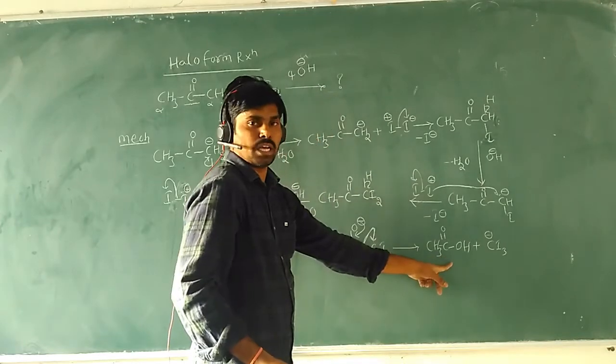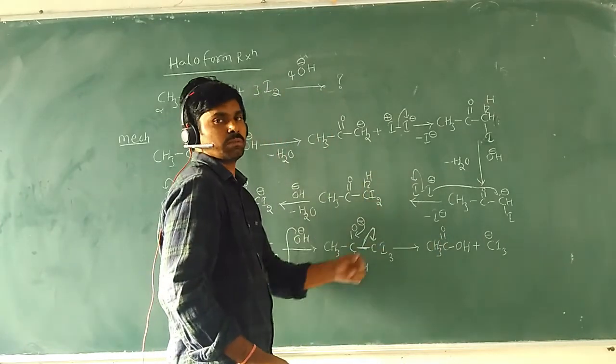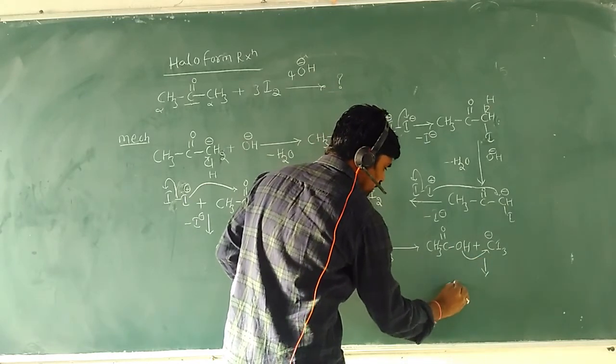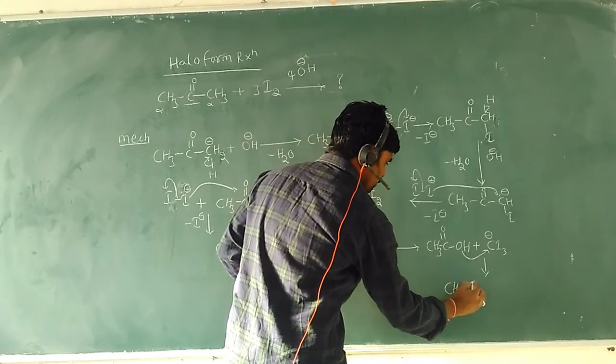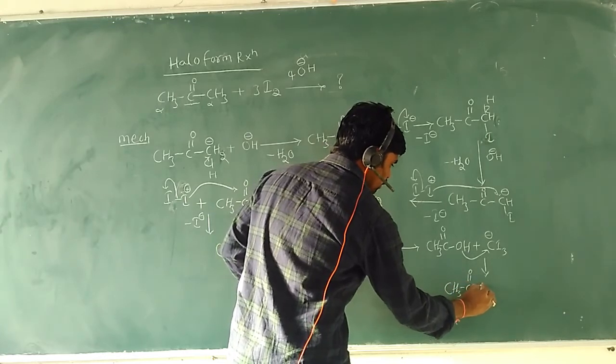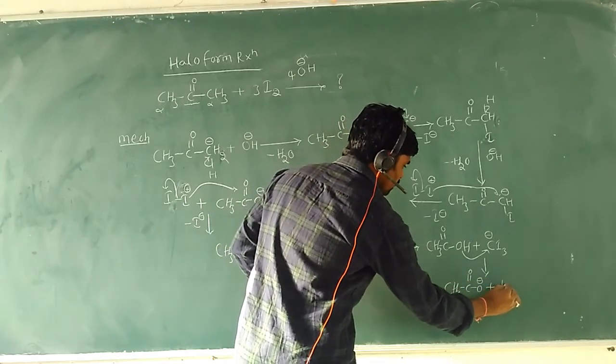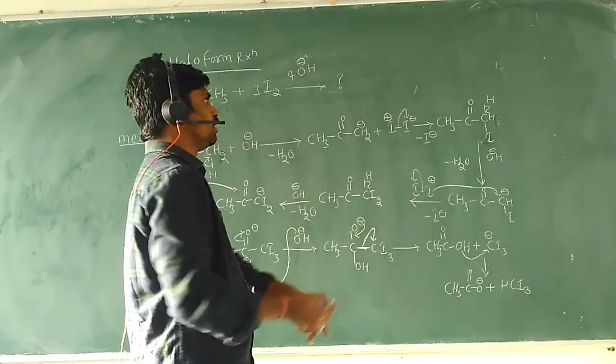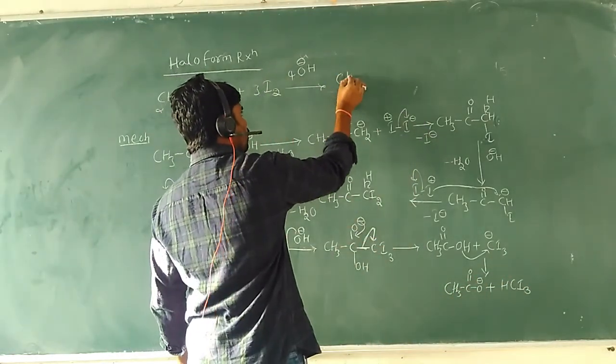Carboxylic acid is an acid, which means it gives the H plus ion. Now the H plus ion comes to that side. Finally, here we get CH3, C double bond O, O minus plus HCI3. So this is the product. Finally, we get the carboxylate ion.